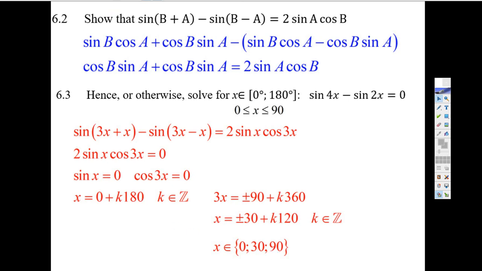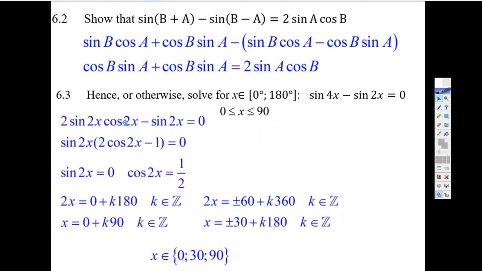Now, if you look at the way I did it, I don't know why I couldn't see that simple relationship, and I did it differently. I left it as the sine of 2x, but the sine of 4x is 2 times, and I used the double angle identity. Then I factored out sine 2x times 2 cos 2x minus 1.